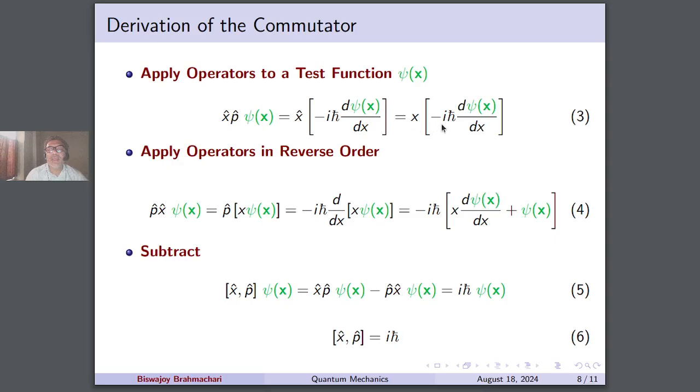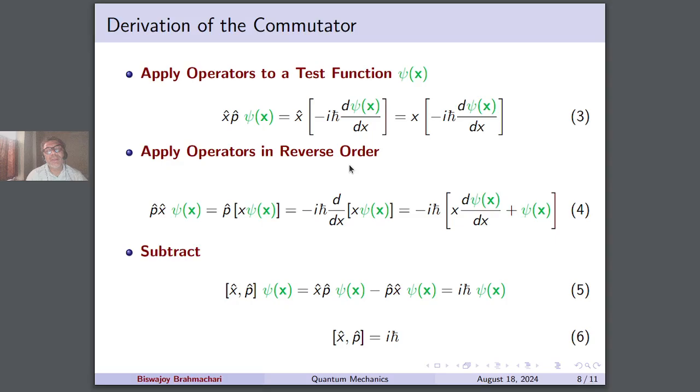Then we get x times minus iħ d/dx ψ. Here x is not an operator, this is just a variable, but here it's an operator. So when the x operator acts on any function psi, it just multiplies that function with x.